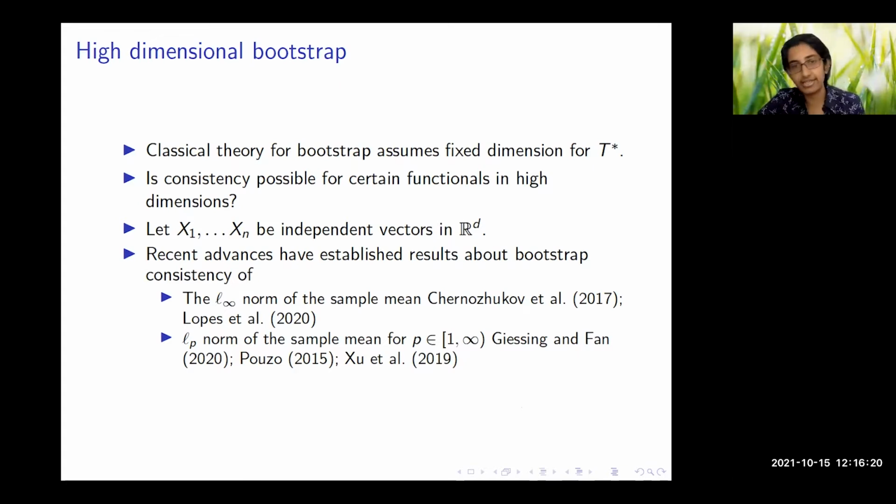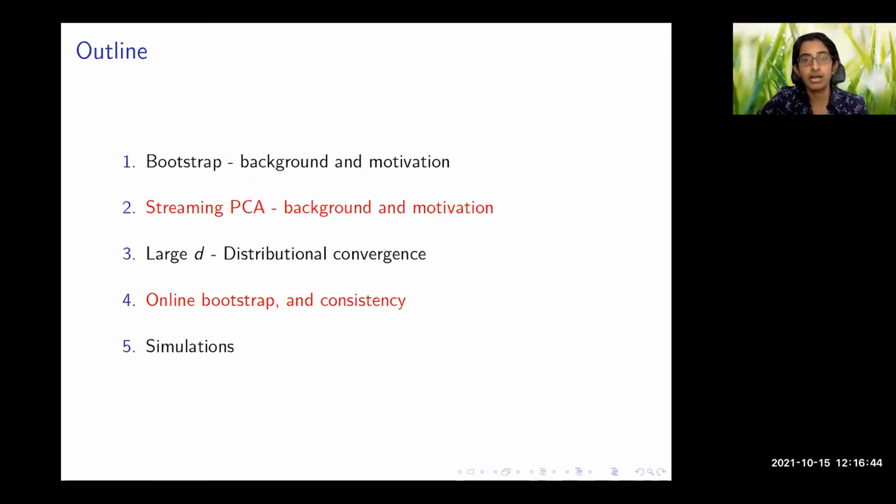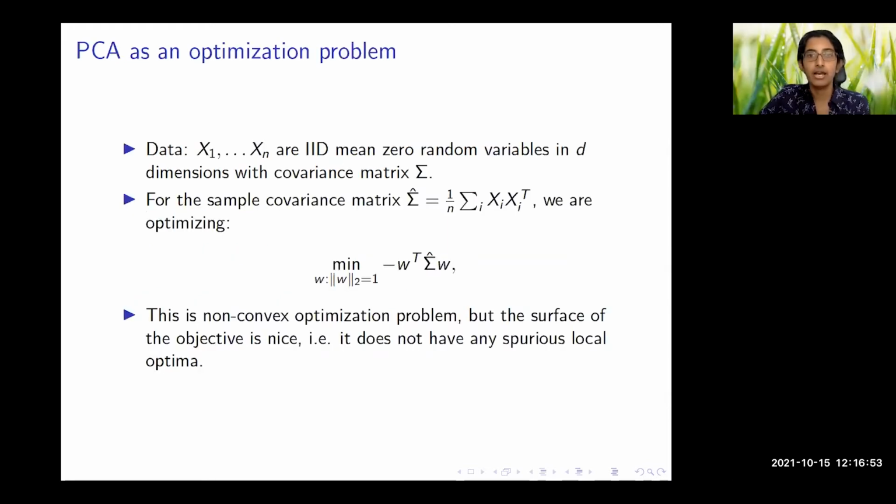For example, you give me a sample mean, and I want to look at the L infinity norm, which is Chernozhukov et al.'s work and also Lopes et al.'s work. There is the Lp norm of the sample mean and so on. I just want to look at the Euclidean norm of my mean. What does that look like? Or other Lp norms for p bigger than 1. There has been a lot of activity in these directions. Whoops, sorry. The red should have been only on the second one, because that's where we are going now, streaming PCA.